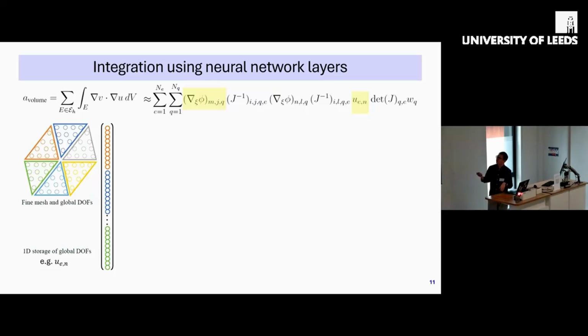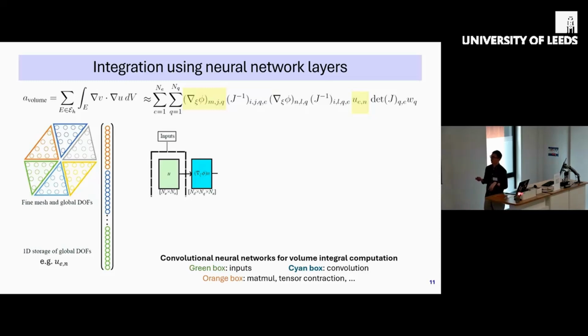And because this shape function is the same for each element, it acts as a filter here, as a 1D convolution. So the multiplication of this shape function with your solution vector becomes a convolution operating here.